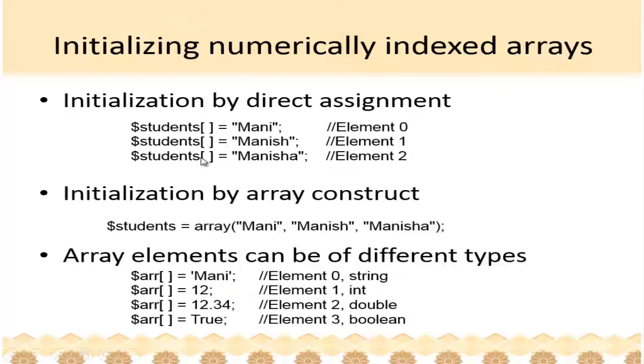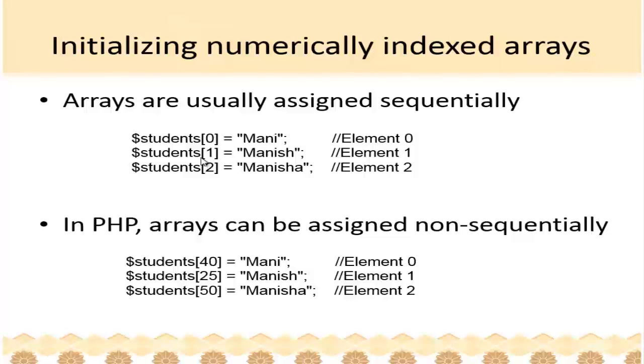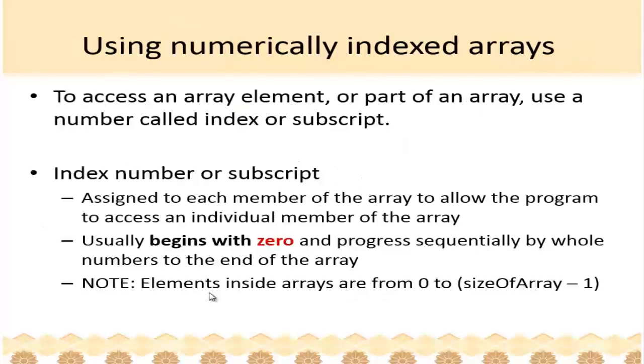Here, I'm not specifying any indices, which means I expect PHP to put the indices, whereas here I specify the indices explicitly. Like in other programming languages, when you create the indices, there is no need for them to be in the same order. You can create the indices in any order. For example, if you notice over here, 40 comes first, 25 next, 50 later. It's up to you how you create the indices. It is very flexible compared to other programming languages.